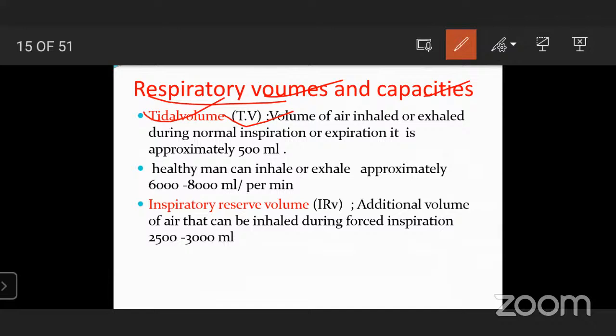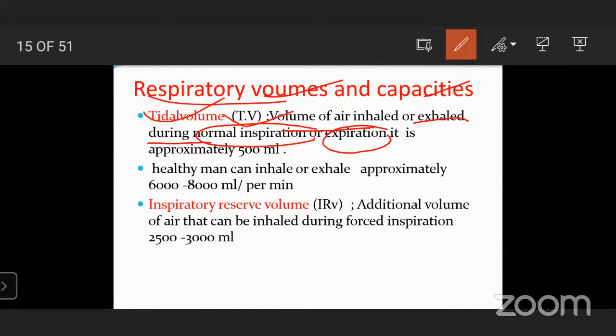First of all, we will discuss only the respiratory volumes, then after that the capacities. Sir, what is tidal volume? TV, tidal volume: the volume of air inhaled or exhaled during normal inspiration or normal expiration.